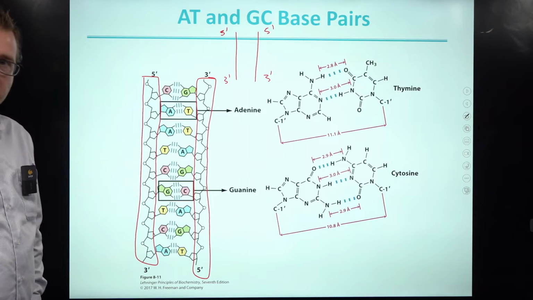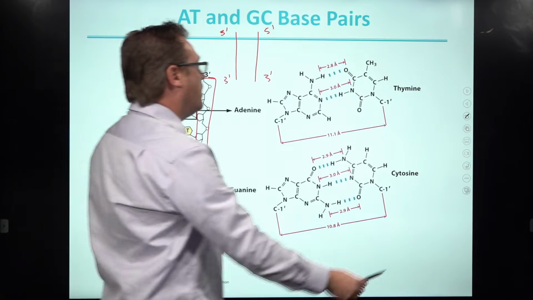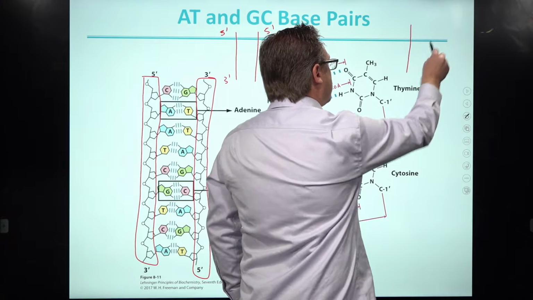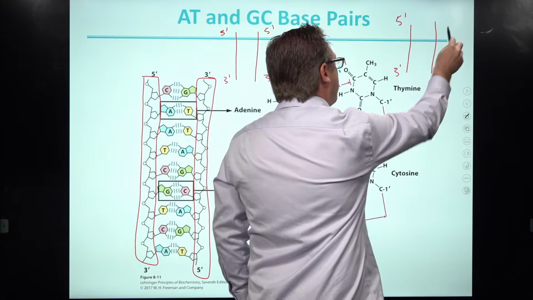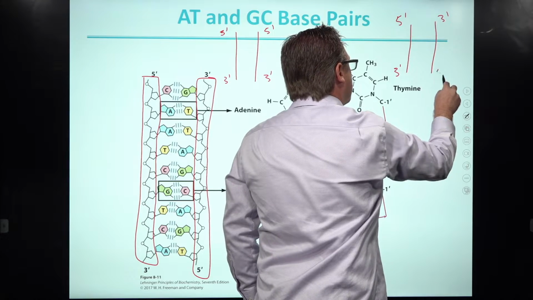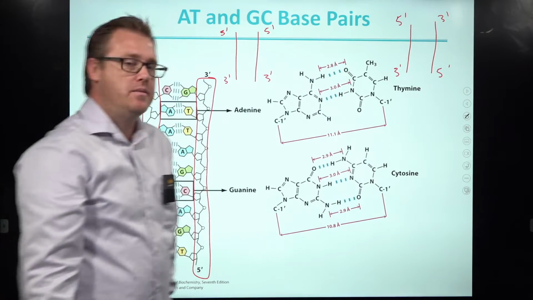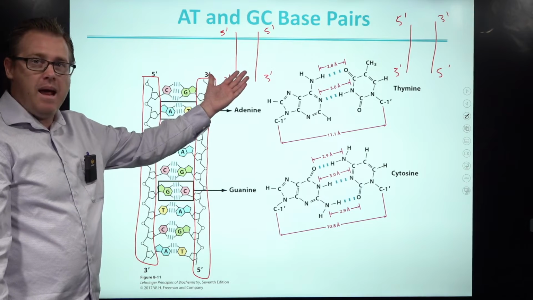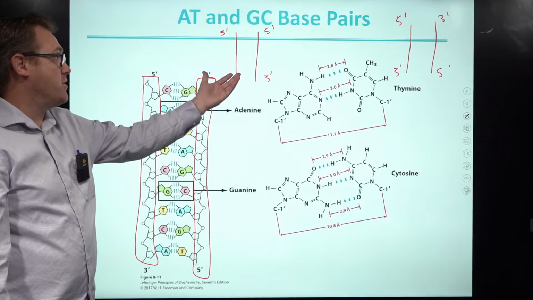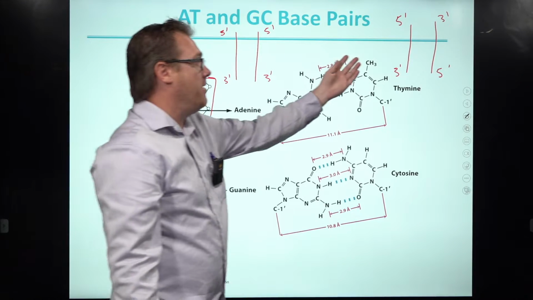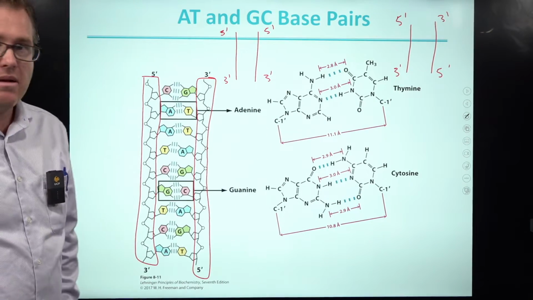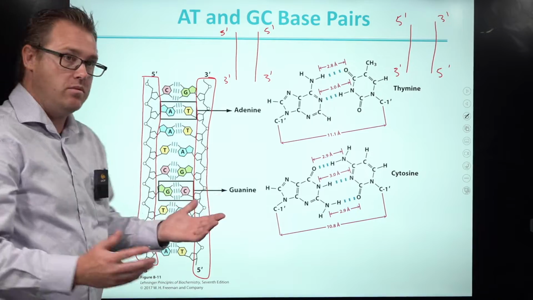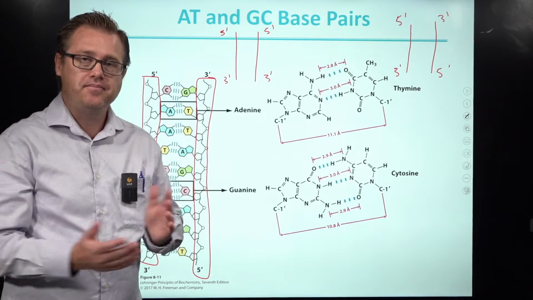Or could we have it like this? 5' to 3', and 3' to 5'. So this would be a parallel strand. These strands would be parallel. And then this one over here would be anti-parallel. So that was the question: what is it?